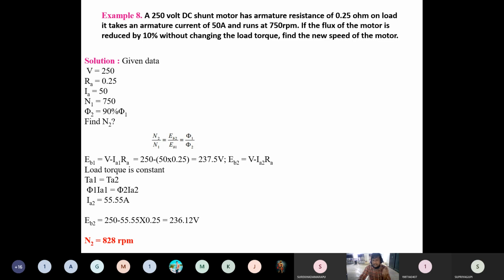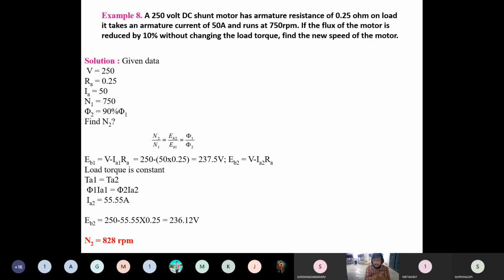We know the relation that torque is always proportional to the product of flux and armature current. T is equal to 0.159 phi Z Ia into P by A. Z constant, 0.159 constant, P constant, A constant.